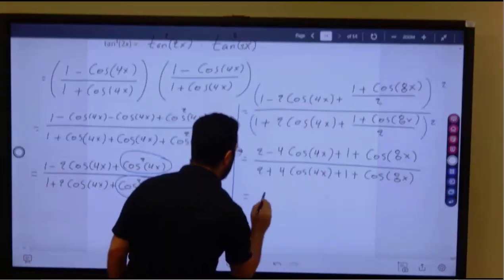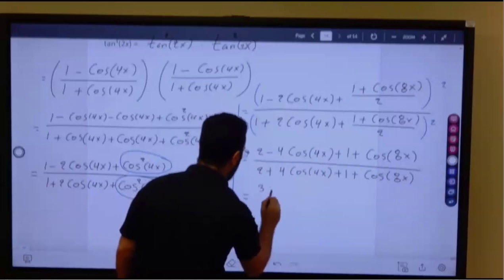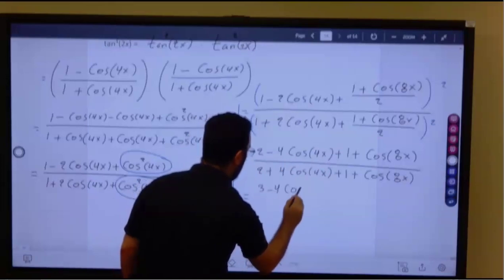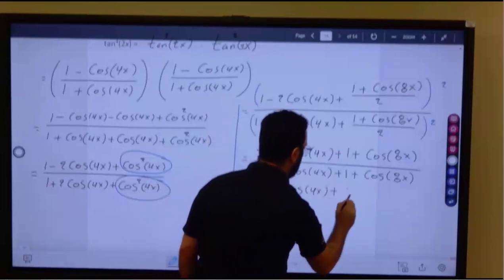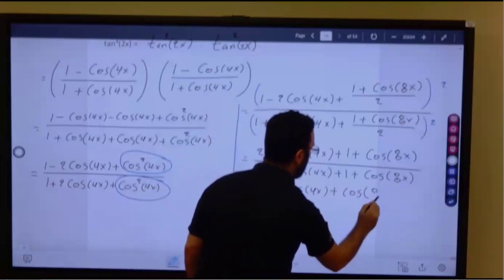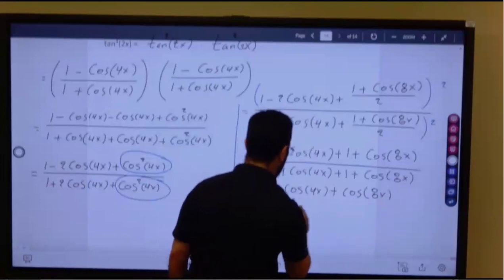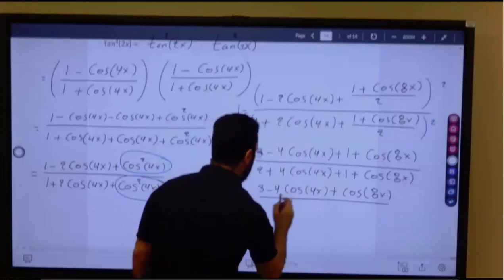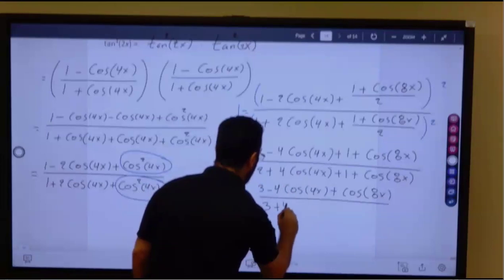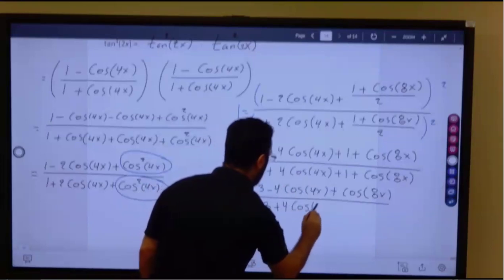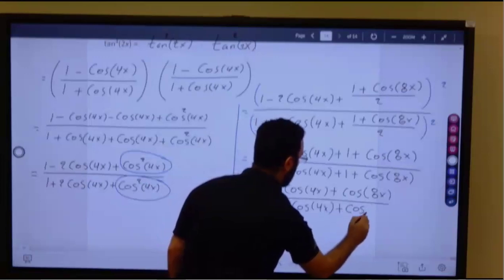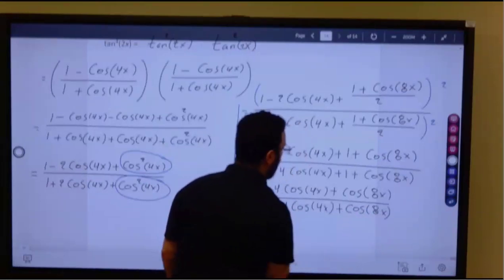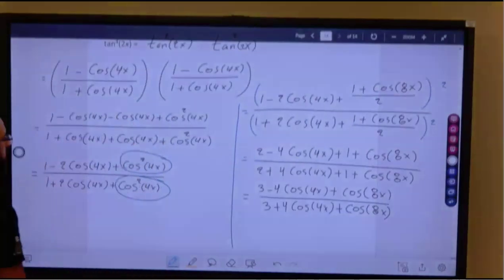Combine the like terms, so 2 plus 1 is going to be 3, minus 4 cosine 4x plus cosine 8x, divided by 2 plus 1 is going to be 3, plus 4 cosine 4x plus cosine 8x. That's it for this example.